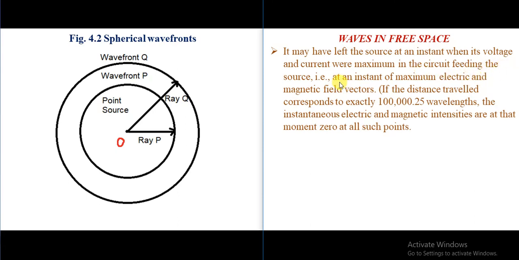That is, at an instant of maximum electrical and magnetic vectors. So if the distance traveled corresponds to exactly 1,25,000 wavelengths, the instantaneous electric and magnetic intensities at that moment are zero at all such points.